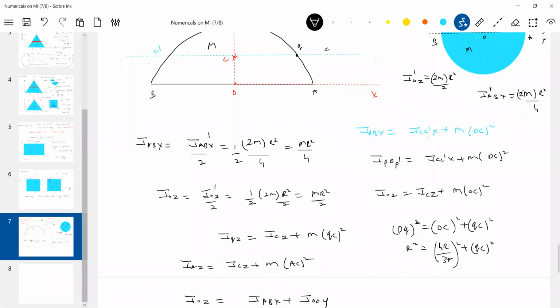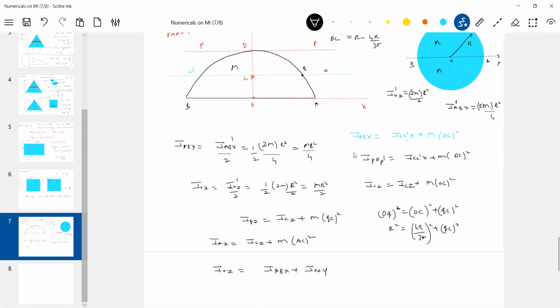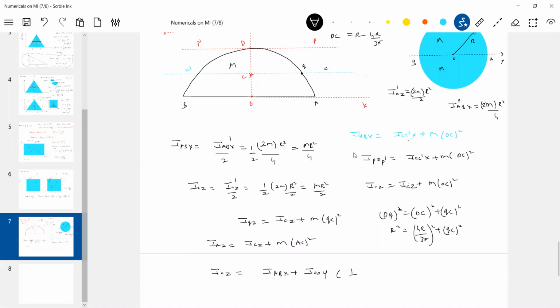From where I brought this perpendicular axis theorem. Are these two equal? No. IABX not equal to IODY. See, you have total independence of applying the theorem. It's not that only about the center of mass you can apply.